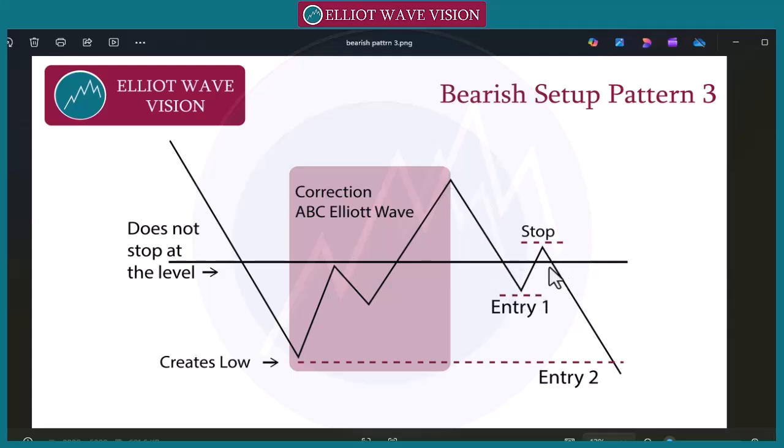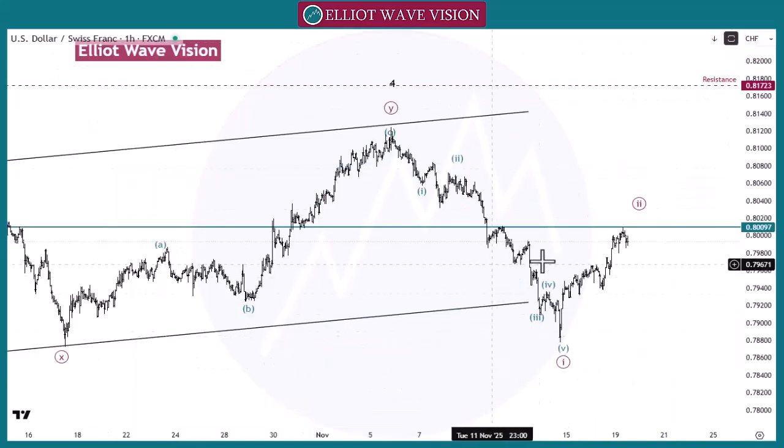We can go directly with this wave B or directly with this new impulsive. But when we go with this wave B or this point, then we start our stop loss at this point. If we go directly with this wave B, then we need to start the stop loss from the high at this point.